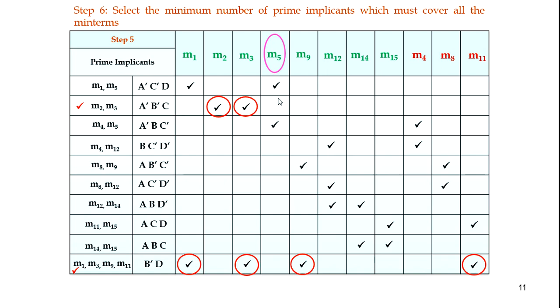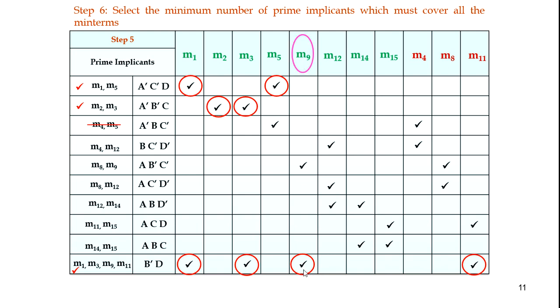For M5 we have 2 ticks in this term, M1 M5 and M4 M5, and see here M4 is a don't care term, so instead of selecting this, we have to select this term with M1 and M5. So we can cut this and we can circle this one and we can select this as a prime implicant. So M5 is marked, and next is M9.